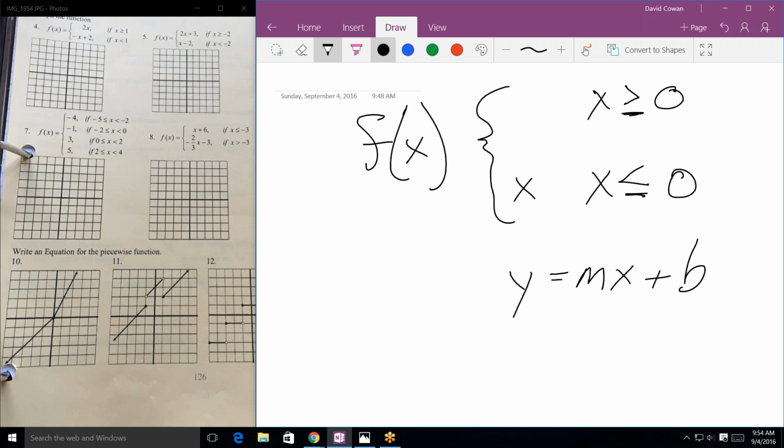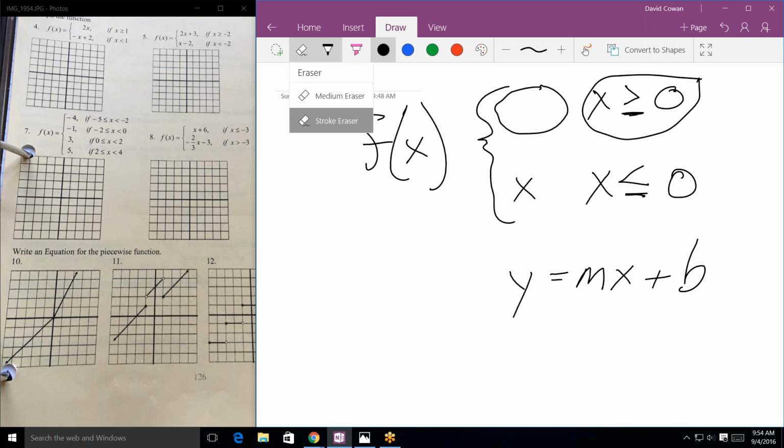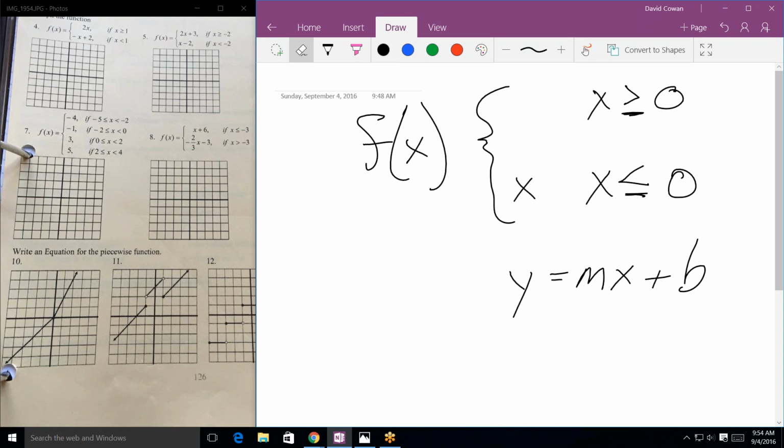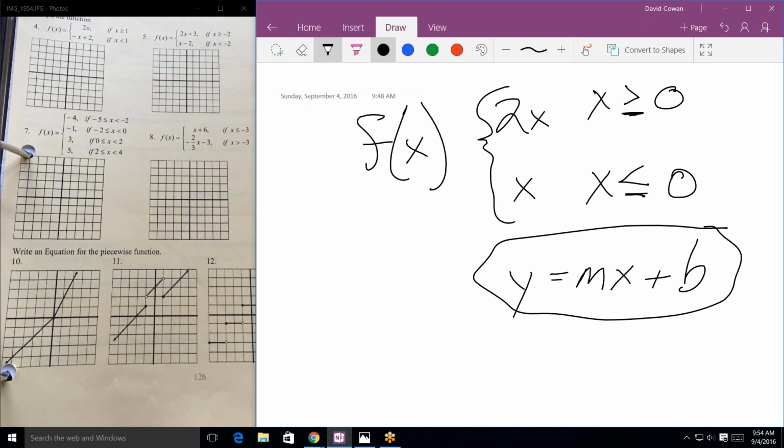It's got a slope of 2. It's got a y-intercept of 0. Yeah, so it'd be x is greater than or equal to... No, we've already got that part. What's the function right there that goes there? Oh, okay. So the function I'll get there would be 2x.